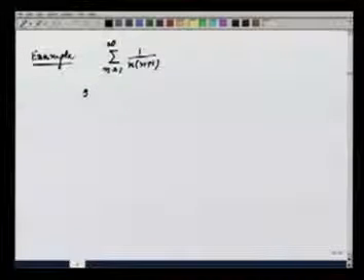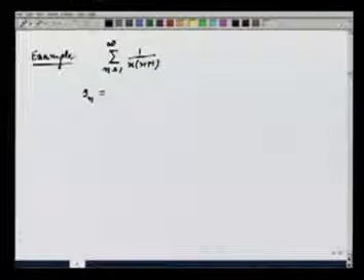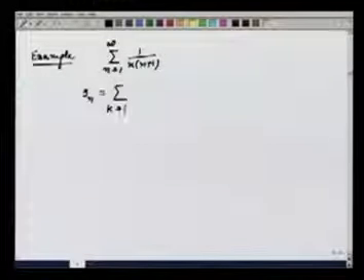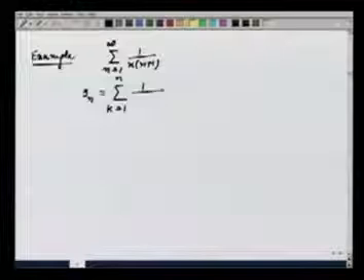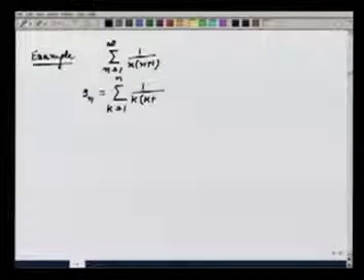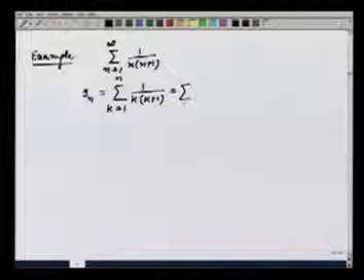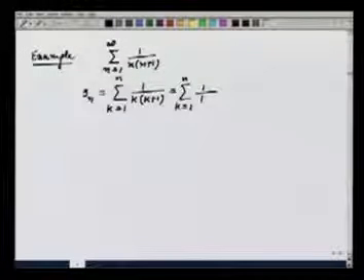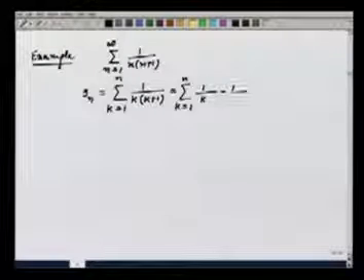So what is Sn? Sn is summation k from 1 to n of 1 by k into k plus 1. This I can write as summation k from 1 to n of 1 by k minus 1 by k plus 1.